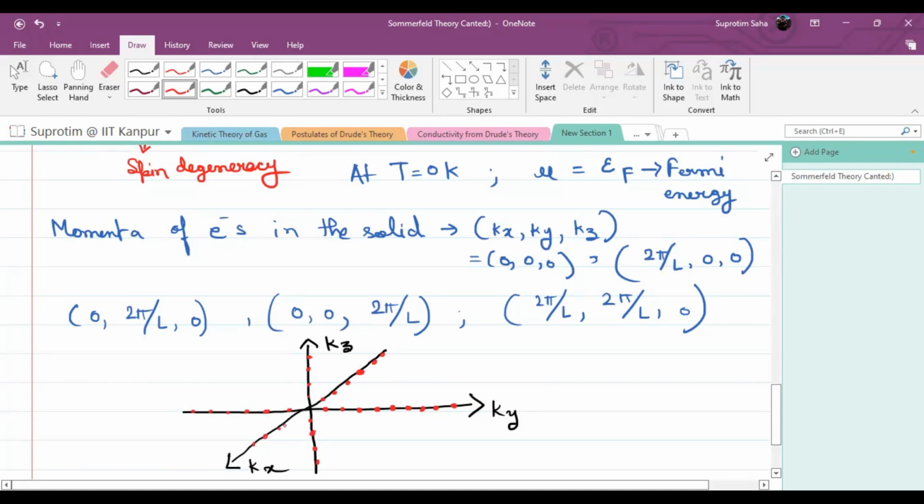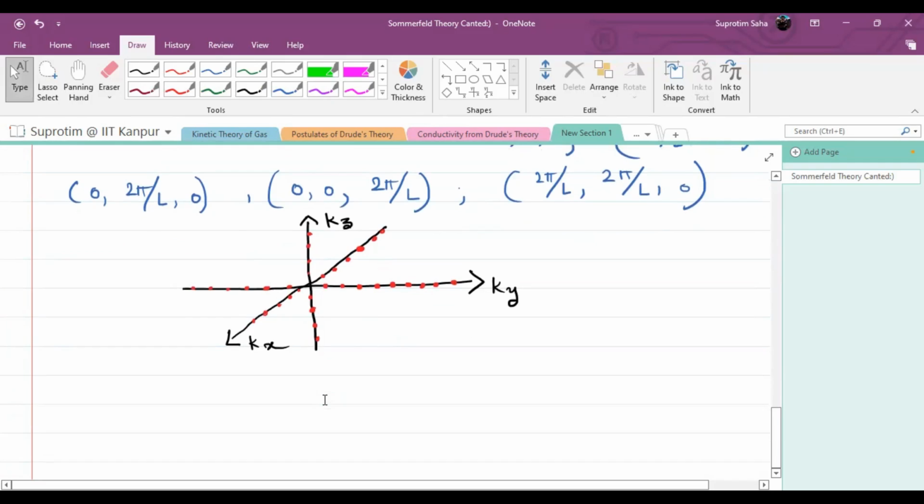All right. So now, if you draw a unit volume, what can you have? In between these discrete momenta states, you can't have any other momenta state, because only these discrete momenta states are possible. So the smallest volume that you can have is of this one.